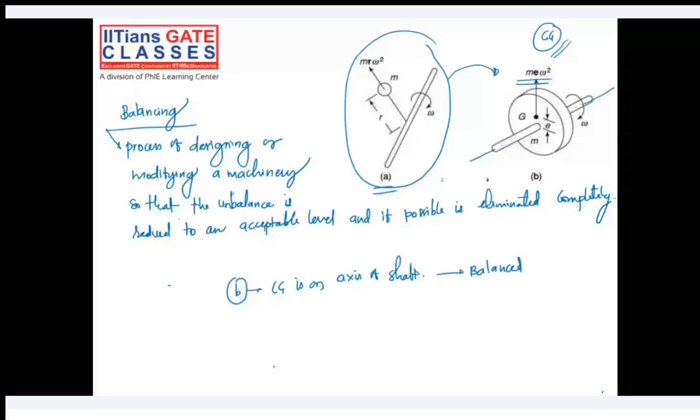This is a very common problem in, let's say, steam turbines or centrifugal pumps. So you have to make sure that the CG of the rotor is always lying on the axis of the shaft.